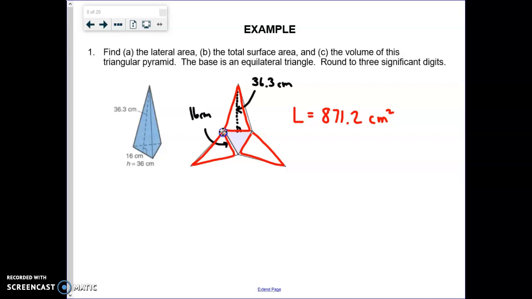Now what we need to do is just add in the area of this base right here. Now remember, this was an equilateral triangle. So to find total surface area, you need to take the lateral area that we just found and then add the area of that base. So the lateral area is right here.